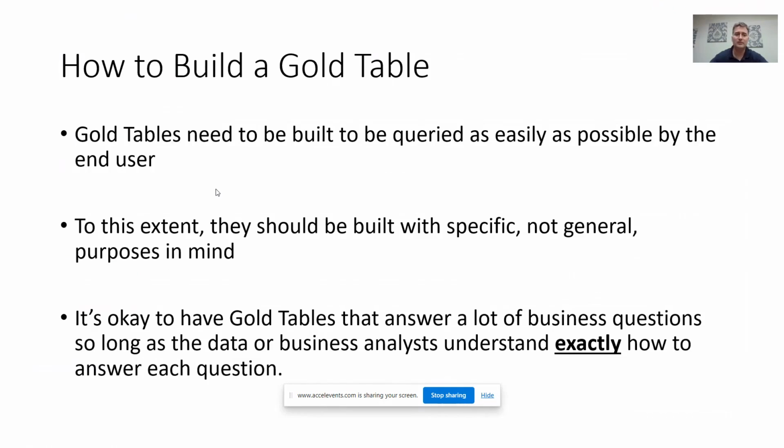So when I put on my data engineering hat, I think of things that need to be built to be queried as easily as possible by the end user. If they're interested in sales data, I think the query should just be: some sales where region equals this, where store equals this.